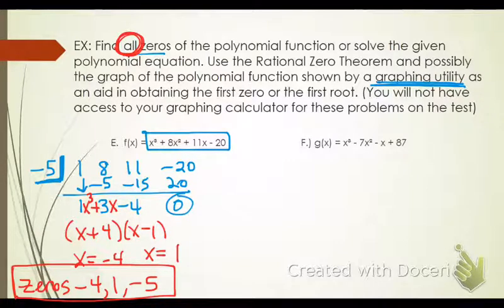On this last example, it's very similar to the first one. You are going to use your calculator to find one x-intercept. You're going to perform synthetic division, knowing you have to get 0 for a remainder.